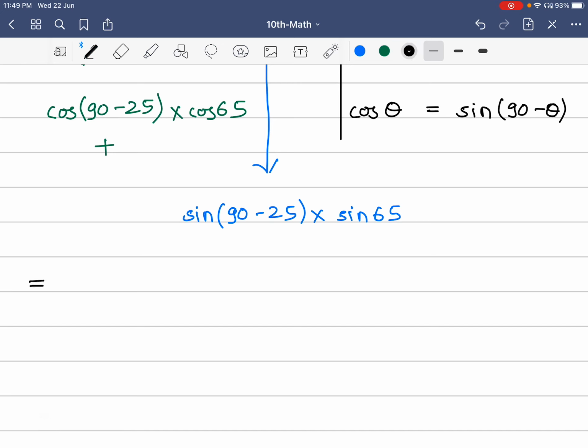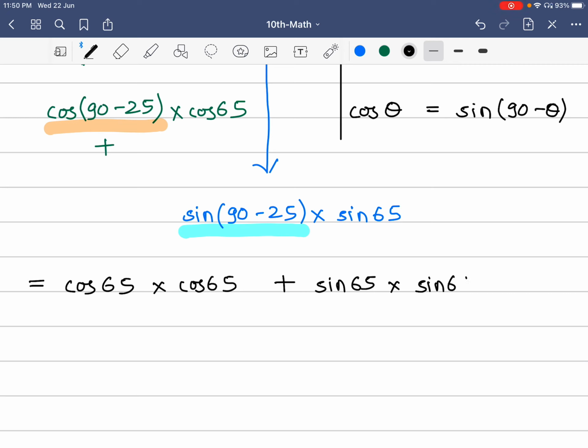What is cos of 90 minus 25? That is equal to cos of 65, into cos of 65, plus, as it is, what is sine of 90 minus 25? That is again sine of 65, into sine of 65.